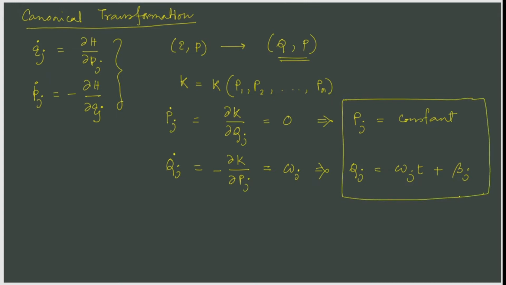The only catch is that our requirement was that this new Hamiltonian must not be a function of time; it must be a constant of motion. And the second requirement was that we have to cleverly choose the Q's and P's such that in terms of the new coordinates, the new Hamiltonian becomes cyclic in the generalized coordinates. So this is one big advantage.